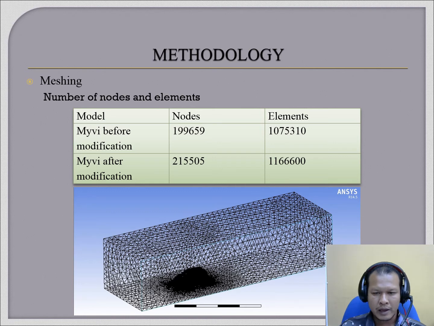For the meshing after modification, there are about 215,505 nodes, and about 1,166,600 elements had been created.